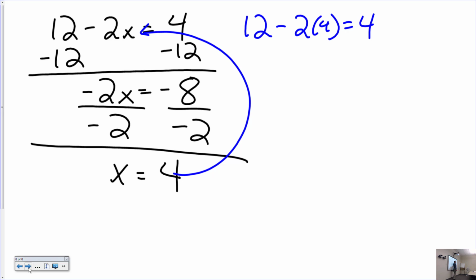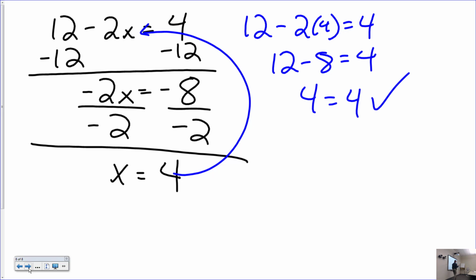I know I need to do 2 times 4 first. And yeah, I see that it works, because what's 12 minus 8? 4. And therefore those two are the same, and I'm happy. Okay? So again, this is just me making sure that you're careful. Don't lose minus signs, and be careful when dealing with subtraction of integers.